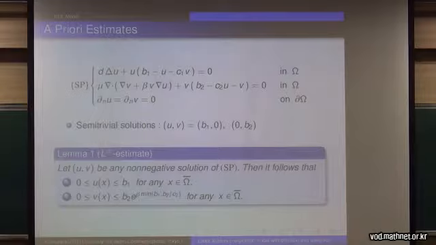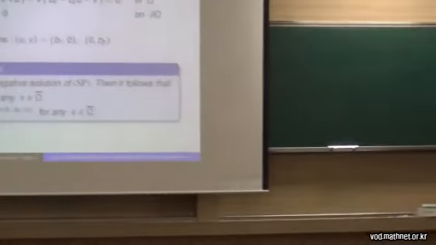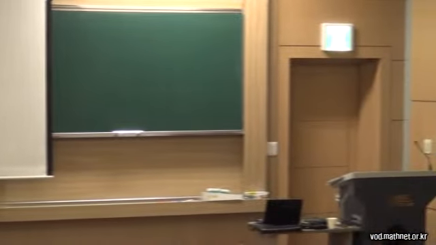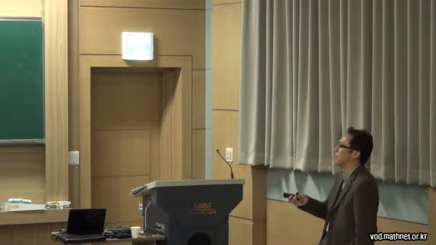So this is a very important point. Such an L infinity estimate will play an important role in deriving a limiting system as this mu tends to infinity. Okay? This is a uniform L infinity estimate with respect to D and mu.